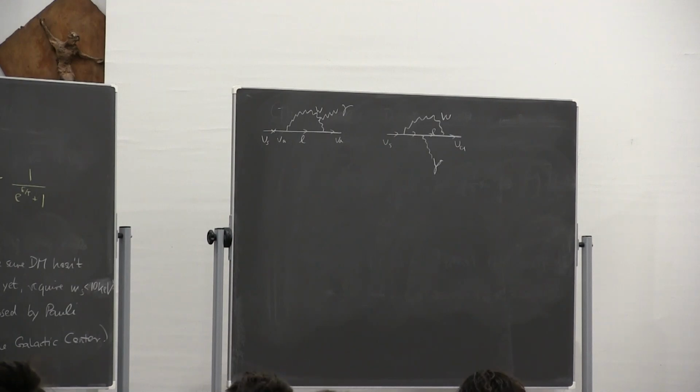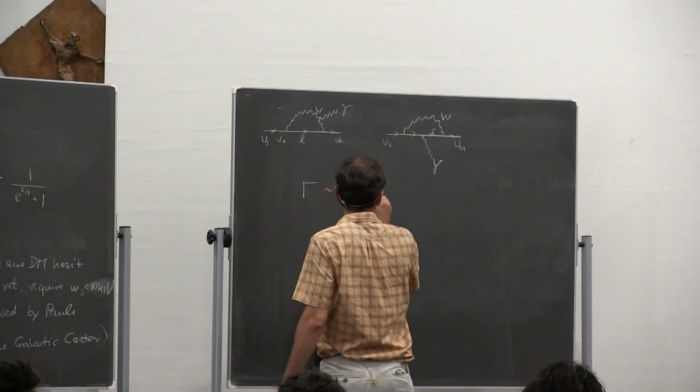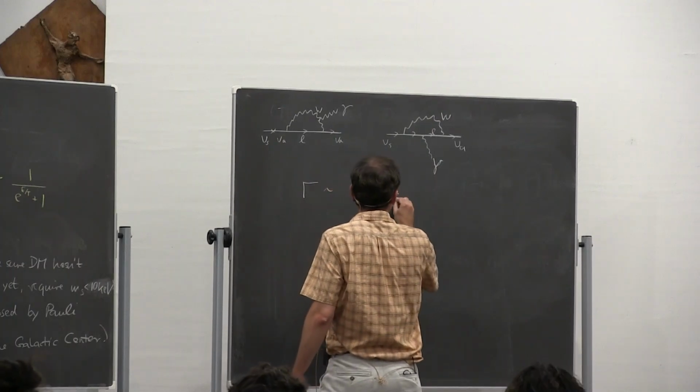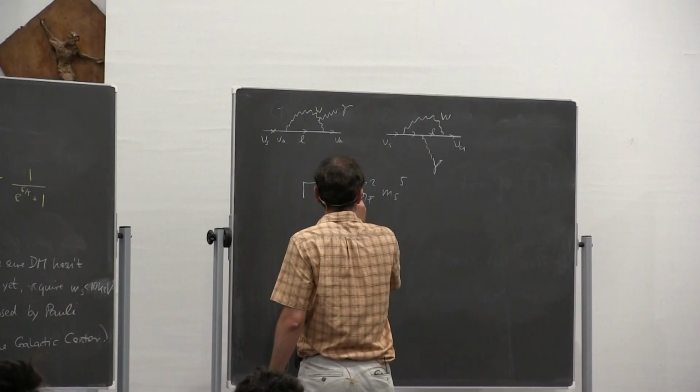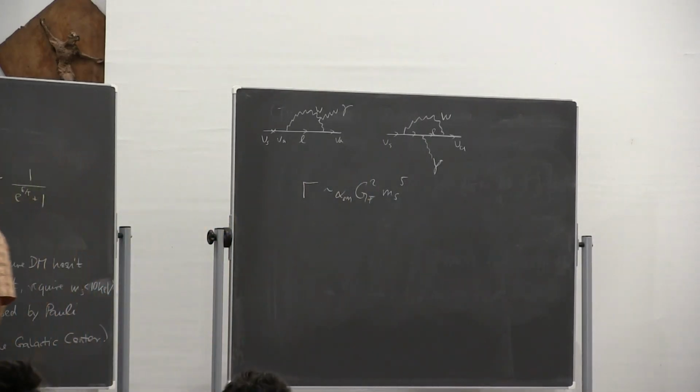It's again proportional to the Fermi constant squared and to the mass to the 5th power. There has to be an α electromagnetic, and then there are order 1 factors from the fact that it's a loop diagram and so on. So it's a little bit suppressed, but that suppression is way overcompensated by the fact that this is a visible final state.